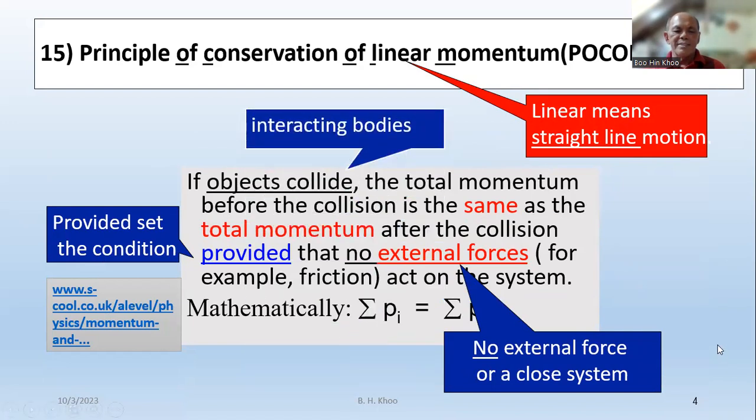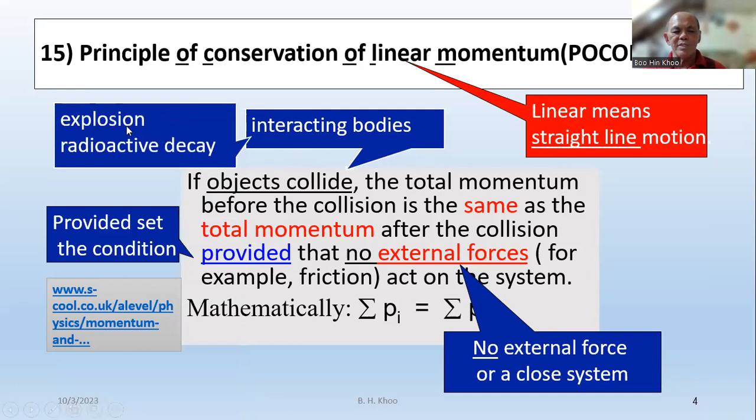If you want to use a general term for objects that collide, it's called interacting bodies. It doesn't need to specify the collision itself. It can be an explosion or radioactive decay. That's why a better term than objects colliding is interacting bodies.